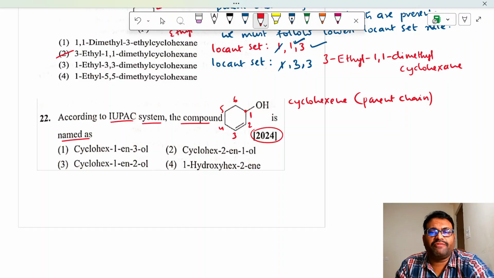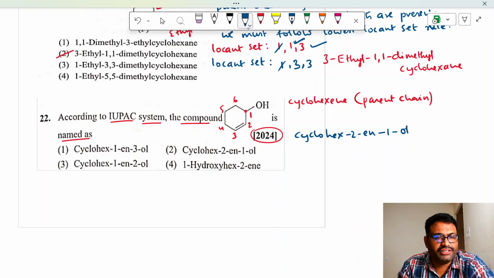Then what will be the name of that compound? Cyclohex. At what carbon atom are you finding a double bond? 2. 2 ene. Okay. At the first carbon atom you have ol. Cyclohex 2 en 1 ol.